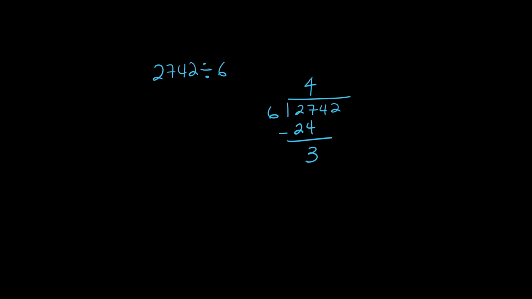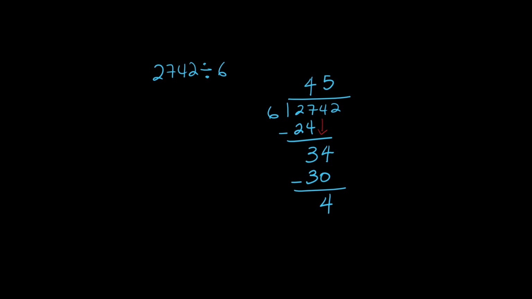Now we will make a copy of our 4. Now how many times can 6 go into 34? That'll be 5 times. 6 5s, 30. When we subtract 30 from 34, we're left with 4.